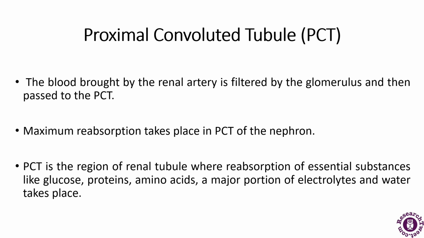PCT is not just the area where the maximum reabsorption takes place, but it is also the region of the renal tubule where reabsorption of essential substances like glucose, proteins, amino acids, a major portion of electrolytes and water takes place.